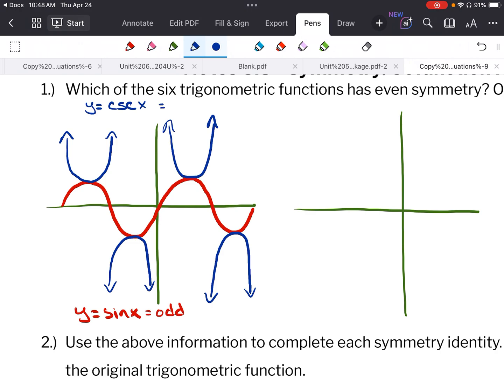Again, if we look up to the right of the origin and down to the left, it will also be odd.